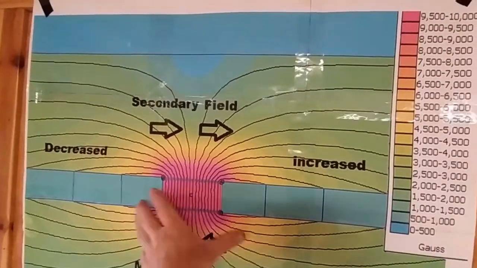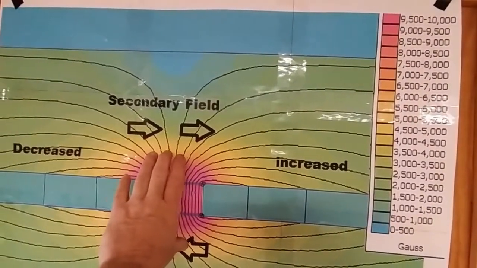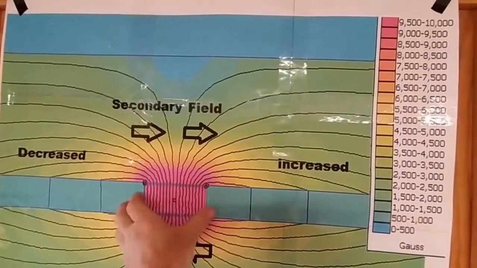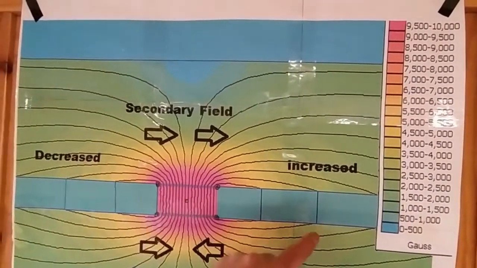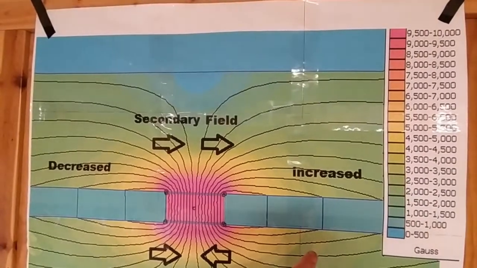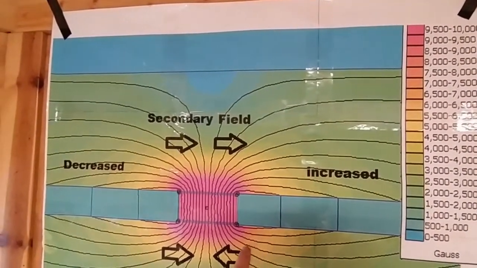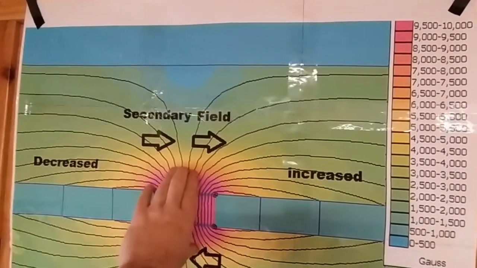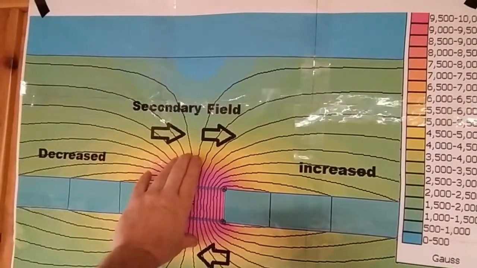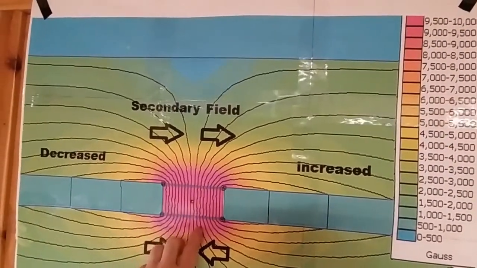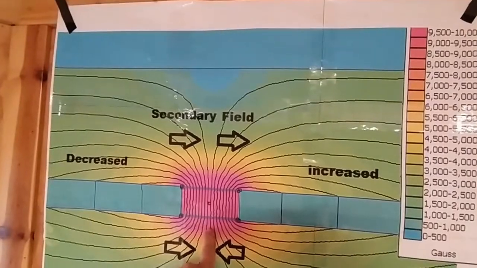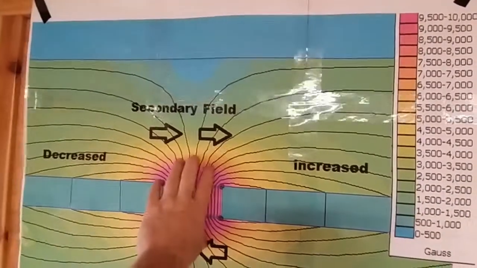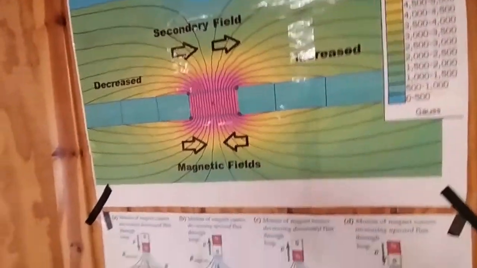But this depicts the magnetic field being compressed, the field lines compressed to match that of a standard north-south rotating generator. And these field lines compress and bulge out. So that means you can have a larger secondary to take advantage of this field.